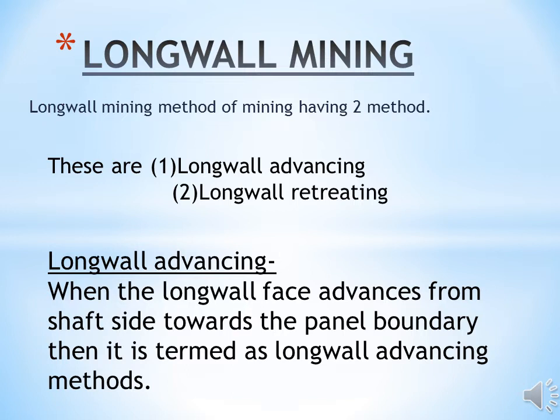Panel, I already told you in the last class what a panel is. The panel boundary means the total mine boundary. So it means from the shaft bottom towards the face, and the face towards the panel boundary advances, then it is termed the Longwall advancing method. It means the first step of the Longwall method of mining, advancing a coal seam, is called Longwall advancing.